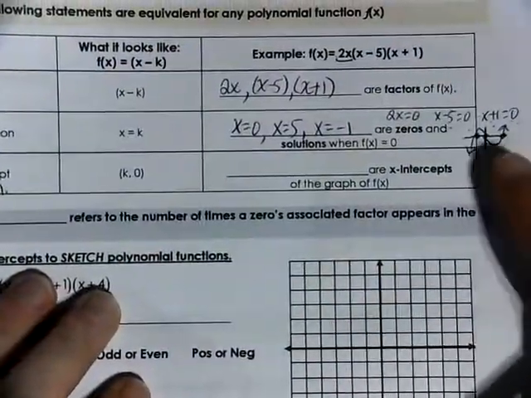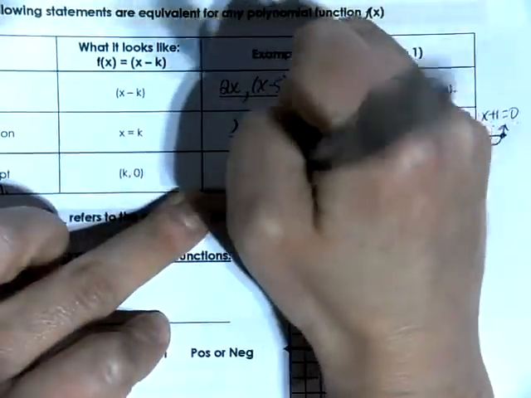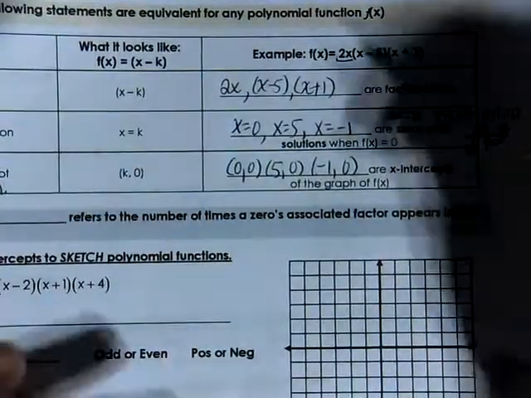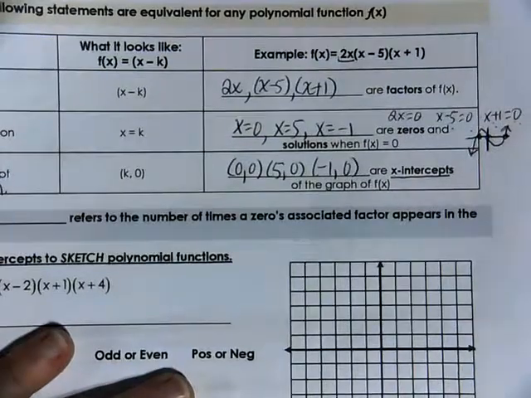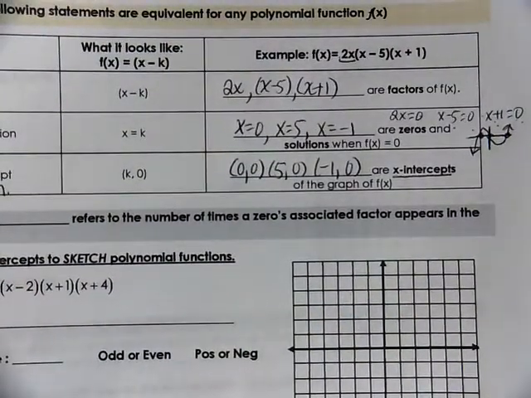So our x-intercepts of this function are going to be located at (0, 0), (5, 0), and (-1, 0). They represent the x-intercepts of our graph, the actual locations where the graph crosses the x-axis.